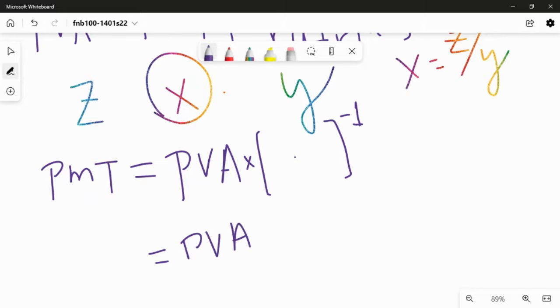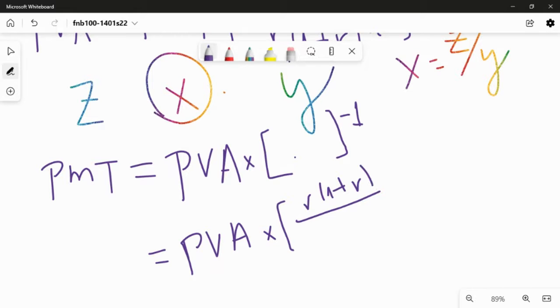So the reciprocal of the thing in the bracket is R times (1 plus R) raised to n over (1 plus R) to the n minus 1. Okay, this is the reciprocal of the thing in the bracket. So that way, we can find payment, right?